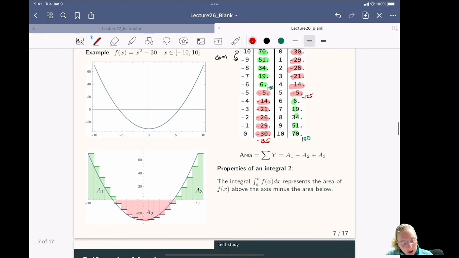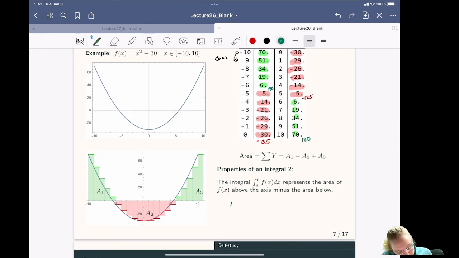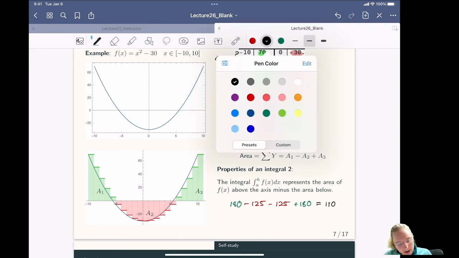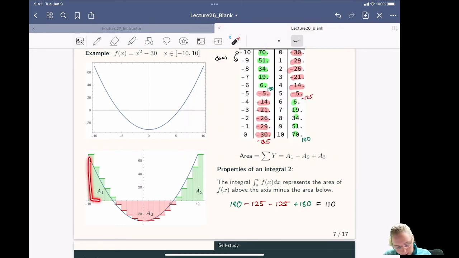So I end up with 180 minus 125 minus 125 plus 180, which is simply equal to 110. So that is the area above the curve. We don't have to worry about the delta x here because that delta x is simply 1. And we have the area below the curve plus the area above the curve.